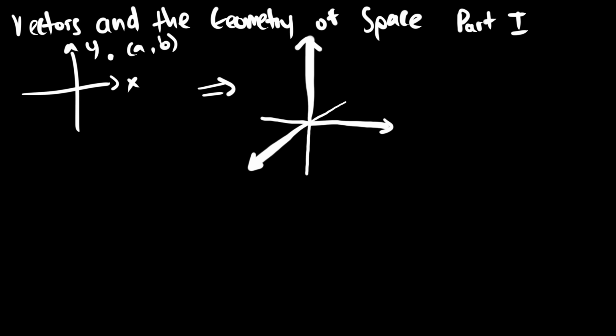This right here would be the z-axis, this would be the y-axis, and this would be the x-axis. All of these axes create three coordinate planes, and they divide space into 8 parts called octants, and the first octant would be the plane in the foreground.